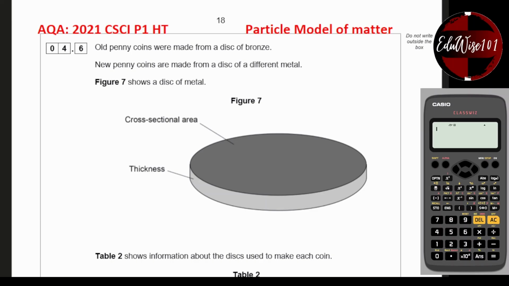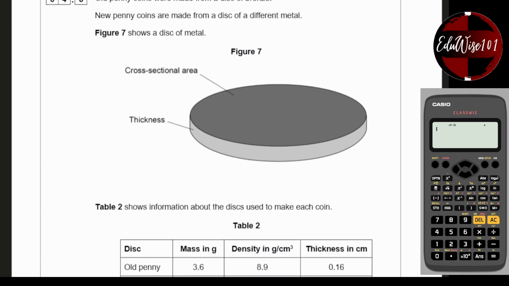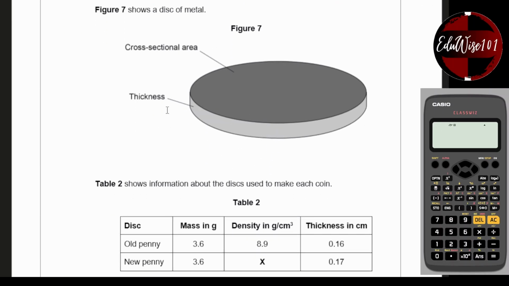4.6. Old penny coins were made from a disc of bronze. New penny coins are made from a disc of different metal. Figure 7 shows a disc of metal. So you have the cross-sectional area and the thickness. Table 2 shows information about the discs used to make each coin. So the old penny coin has a mass of 3.6 grams and the new penny also has a mass of 3.6 grams.